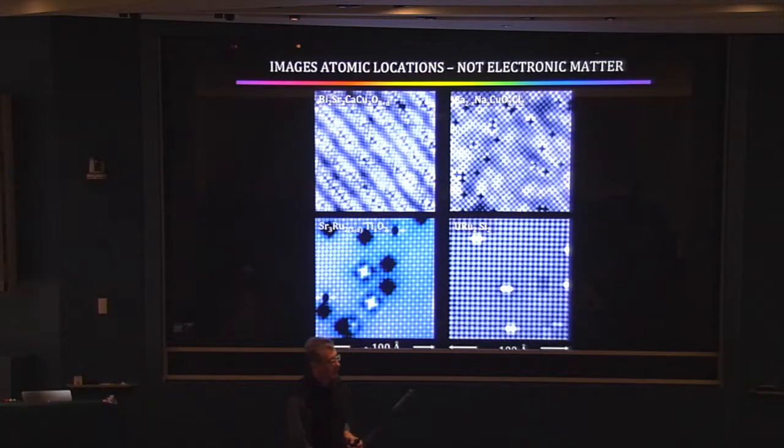Well, if you're using electron flow, aren't you really measuring the outermost shells of each of the atoms that you're scanning over? It depends on what energy you're using, but to first order, yes. So you're detecting where the bound electrons are in one of those shells, but you're not detecting where the strongly interacting but otherwise free electrons are inside the material.